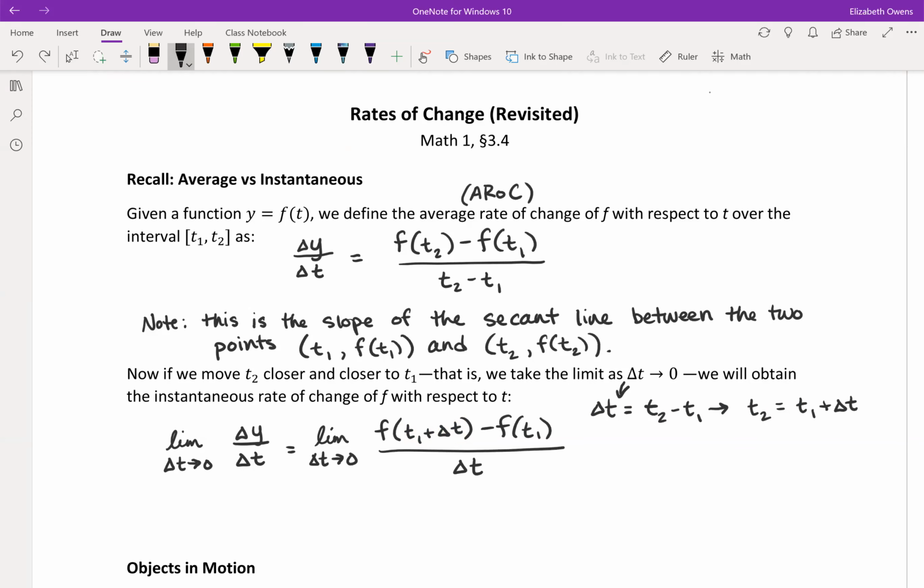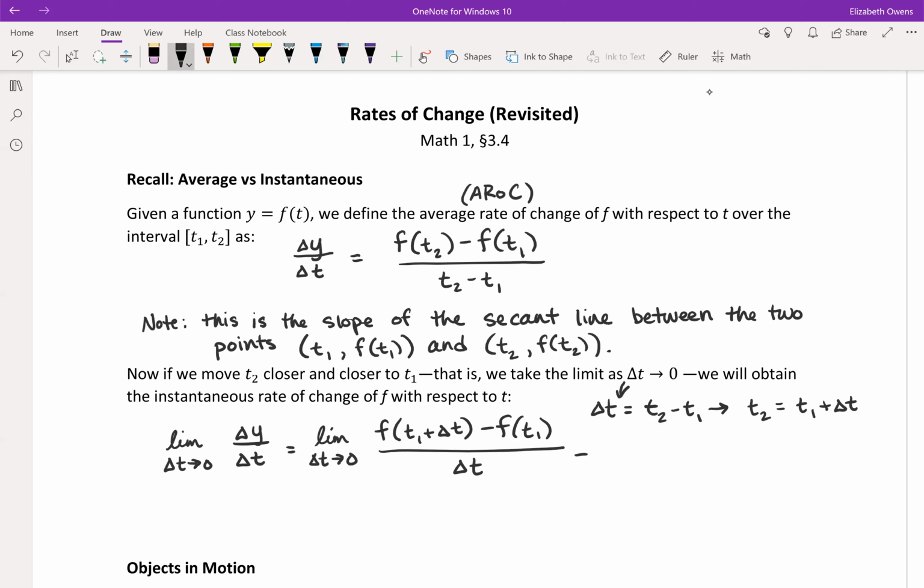But now we can recognize this as a definition of a derivative. It's just that we have delta t written down there instead of h. Okay, so usually we have limit as h approaches 0. Now we're letting delta t approach 0.